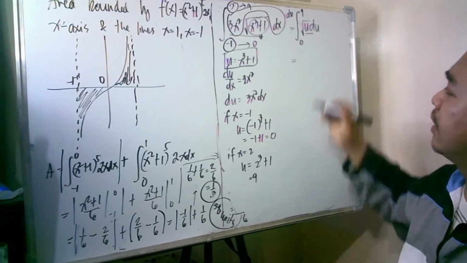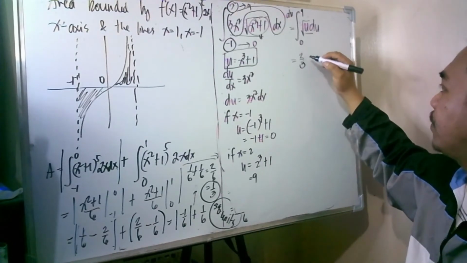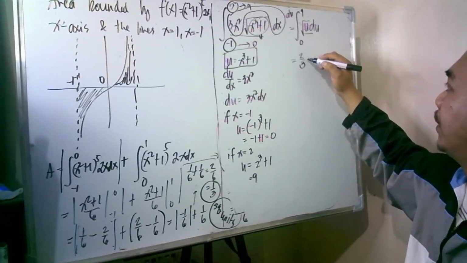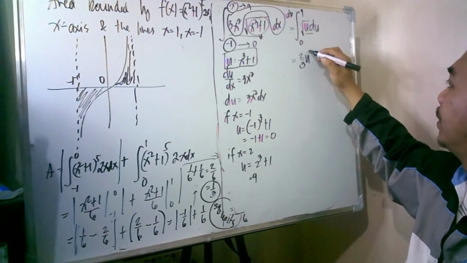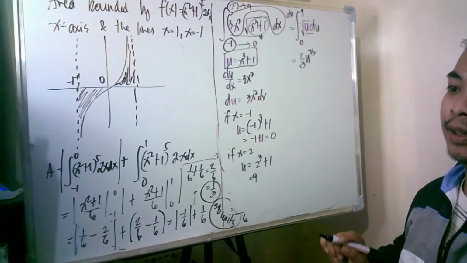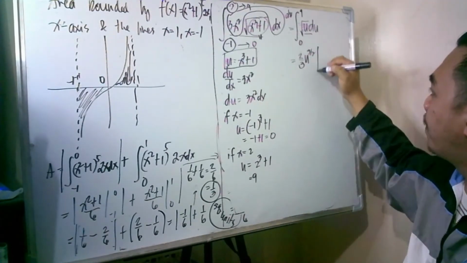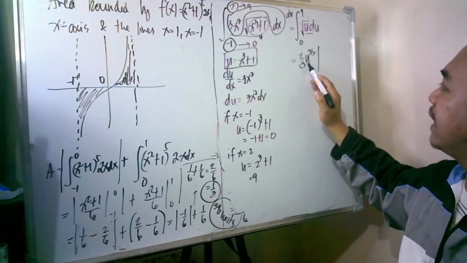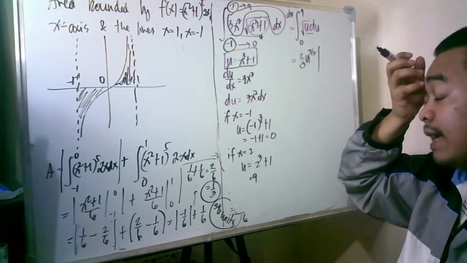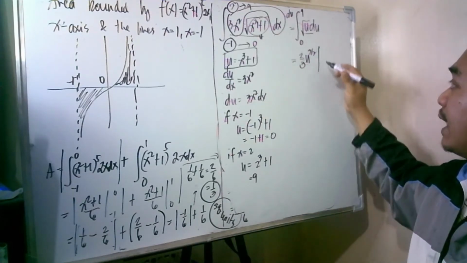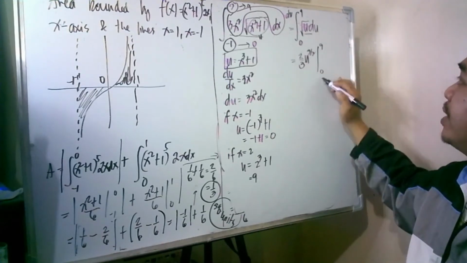Square root of x nga lang yon. 2/3, di ba? 2/3, ano na yun? U raised to 3/2. Yan, yung anong example na yun, ewan ko, nakalimutan ko na. Kahit naka-u ito, no, in variable u pa rin tayo, hindi tayo bumalik sa x. Pwede na nating idiretso ang pag-apply ng FTC from 0 to 9.